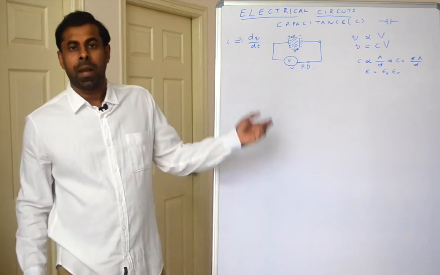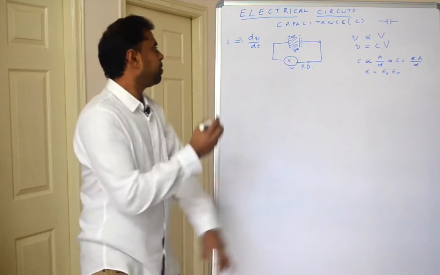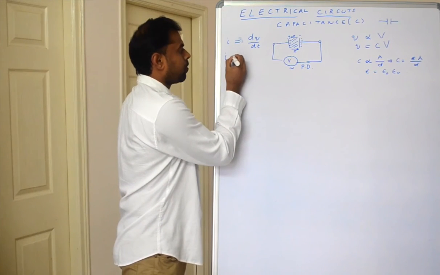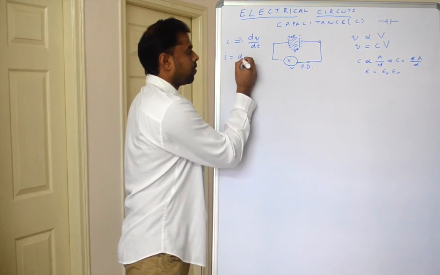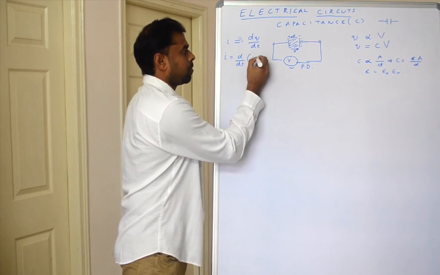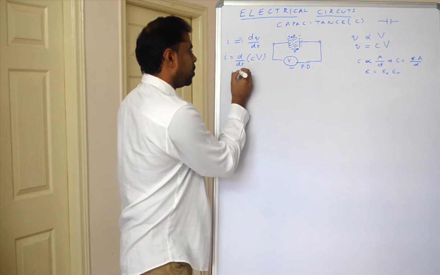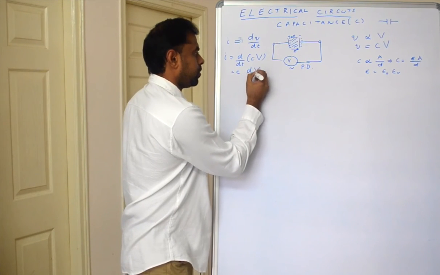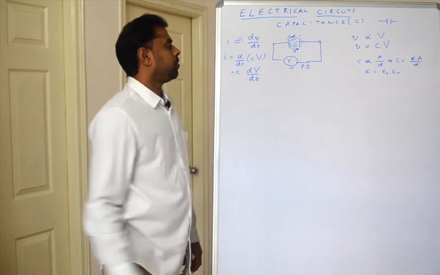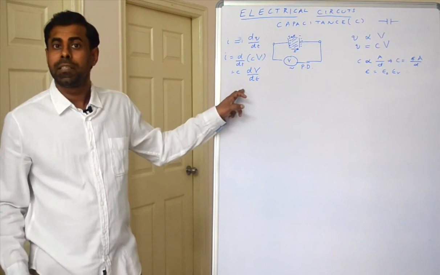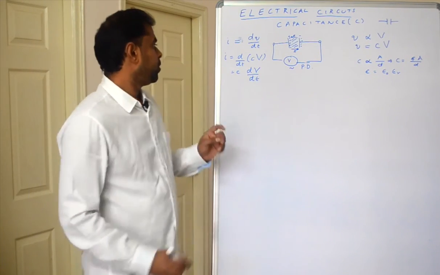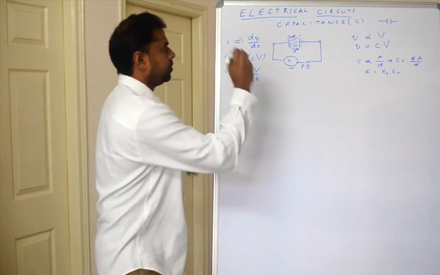If I apply Q as CV, here C is a constant, so I is nothing but C into dV by dt. This is the current.